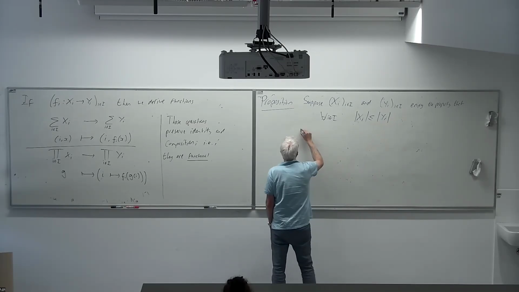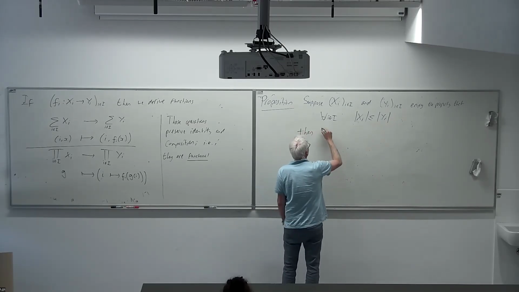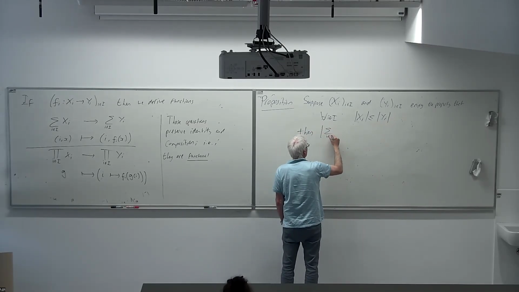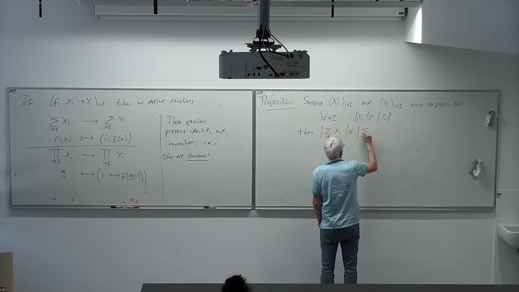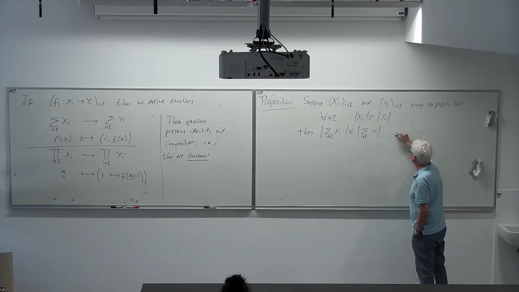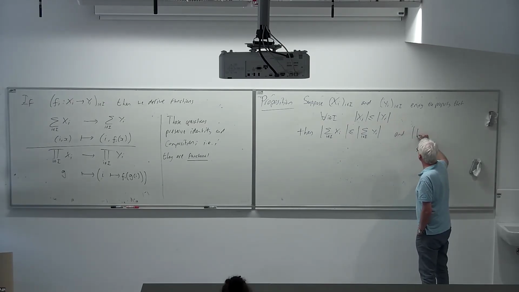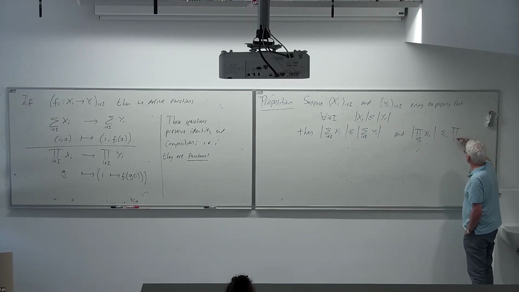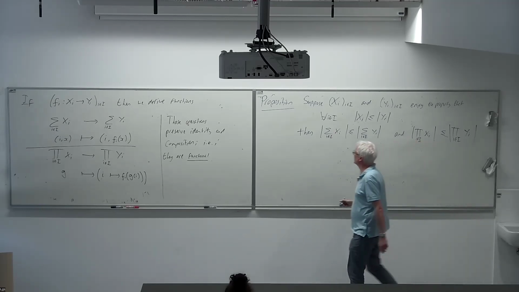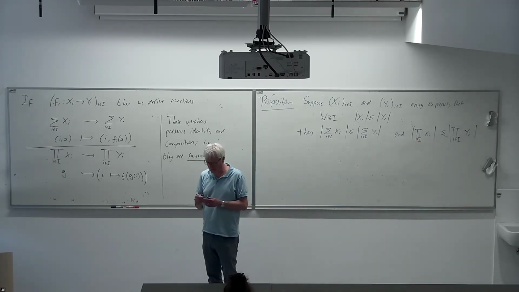Then the cardinality of the sum of the X_i's is less than or equal to the cardinality of the sum of the Y_i's, and the cardinality of the product of the X's is less than or equal to the cardinality of the product of the Y's.